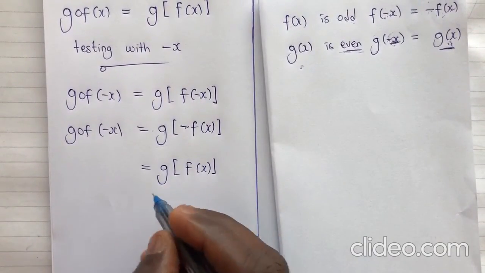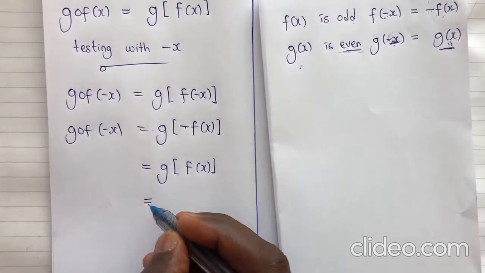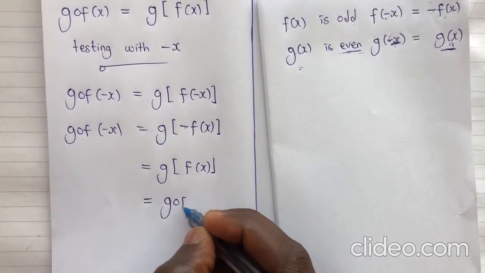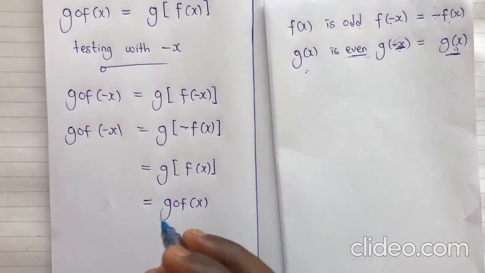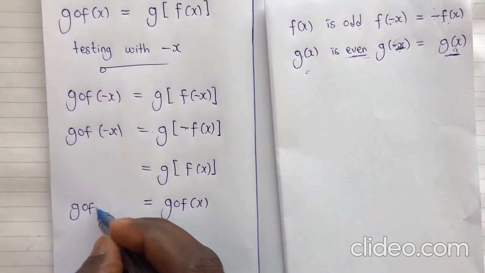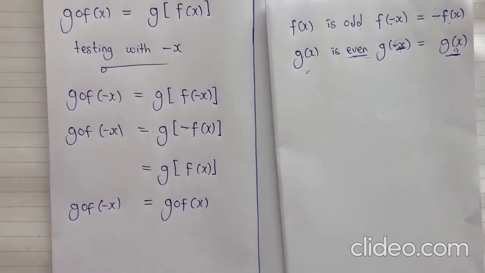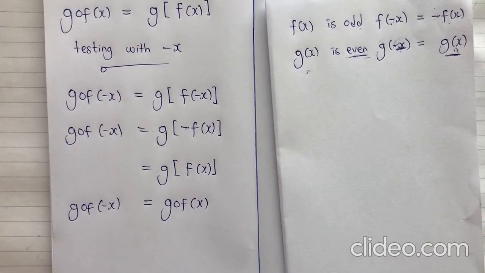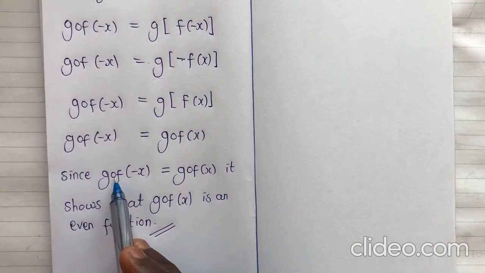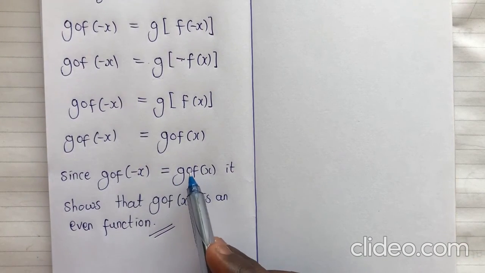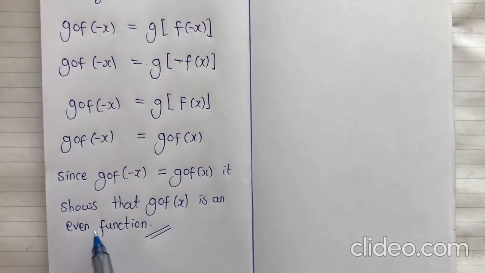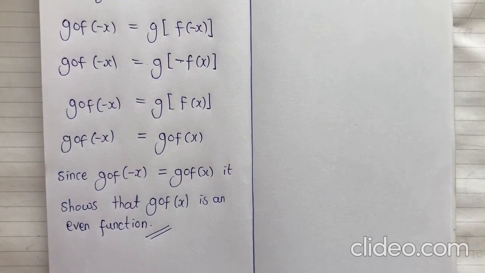And g of f of x is the same as gof of x, which is equal to gof of negative x. And this is an even function. So let me write that statement. So gof of negative x was equal to gof of x. The result is an even function. You leave your answer here.